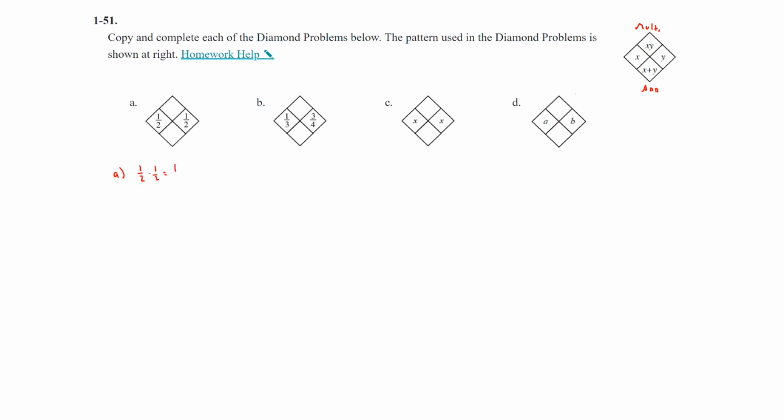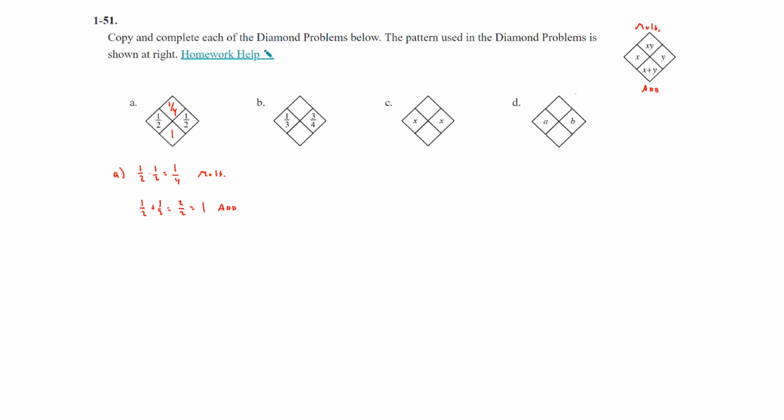We can just multiply straight across, and that will be 1/4. And then for the addition, 1/2 plus 1/2, you can add your numerators and keep your denominator the same. So 1/2 plus 1/2 would be 2/2 or 1. So then the bottom number would be 1.